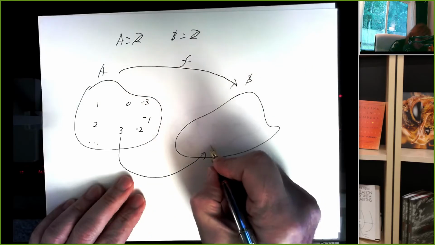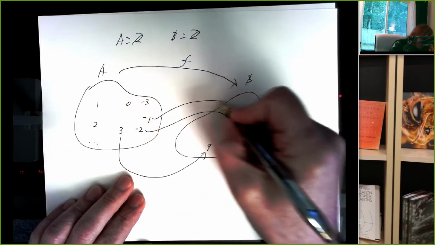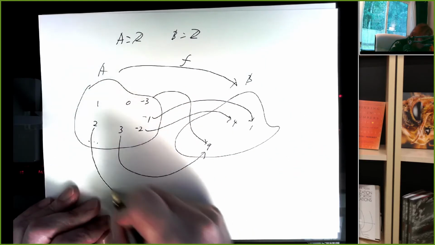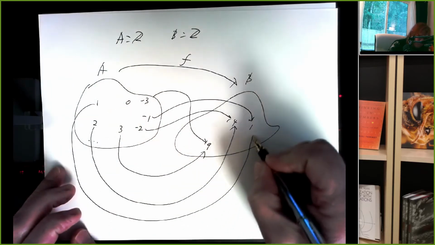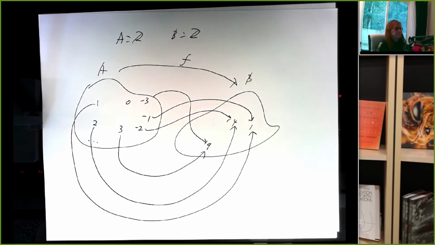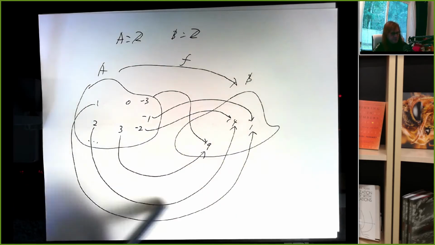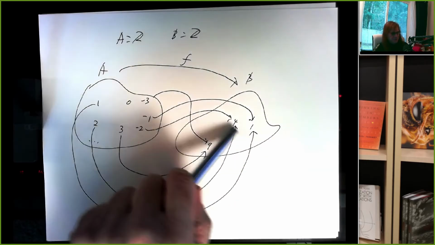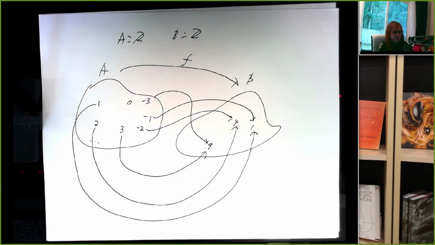But let me show you what some of these points map to. So the element 1 maps to 1, the element 2 maps to 4, the element 3 maps to 9, negative 2 maps to 4, negative 1 maps to 1, negative 3 maps to 9.